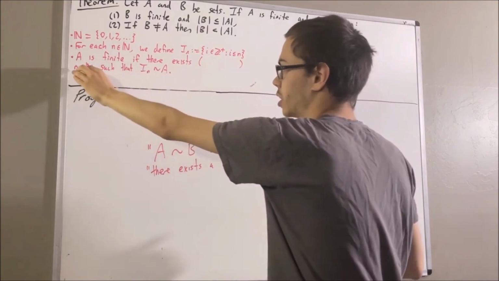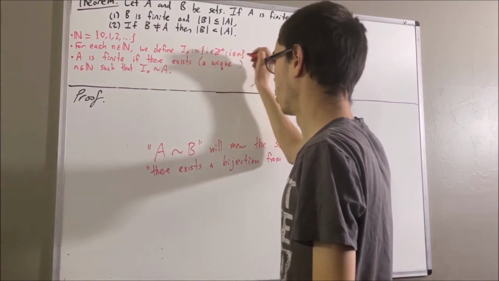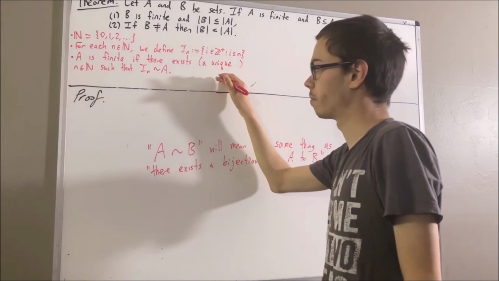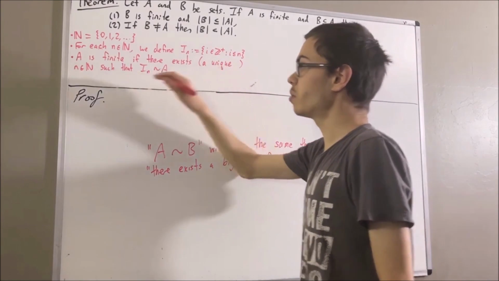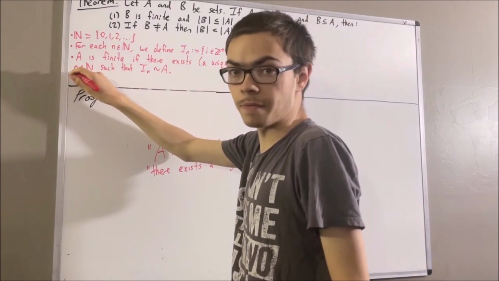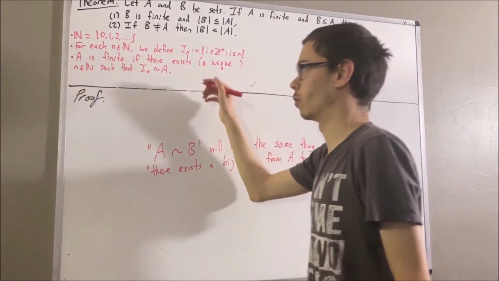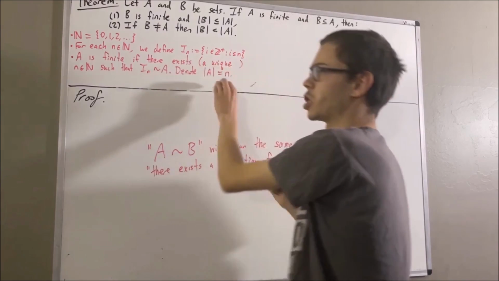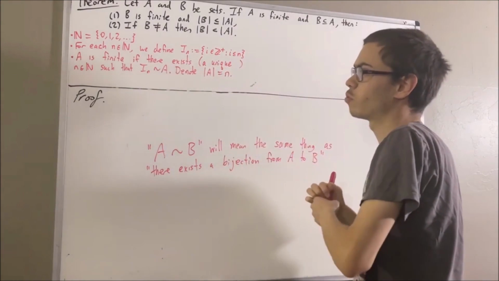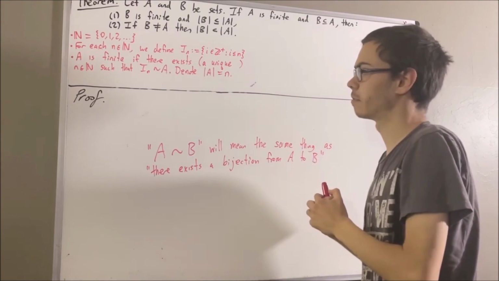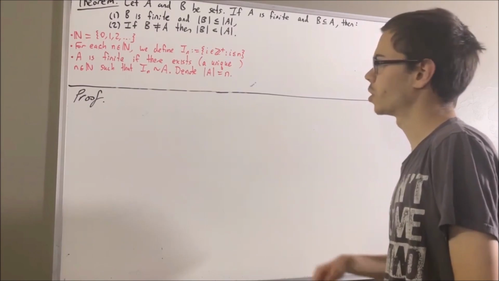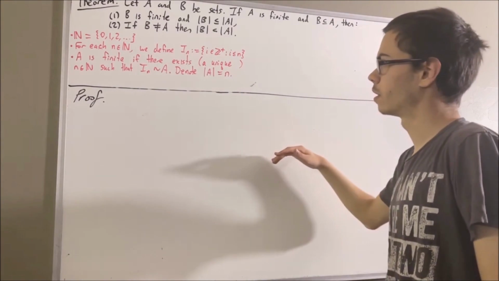So it turns out it's actually unique, which we've proved in a previous video. And we denote this unique natural number n as the number of elements in A. And we denote it in the following way. Just like this. So that's what we mean by finite set. So now let's get into the proof.